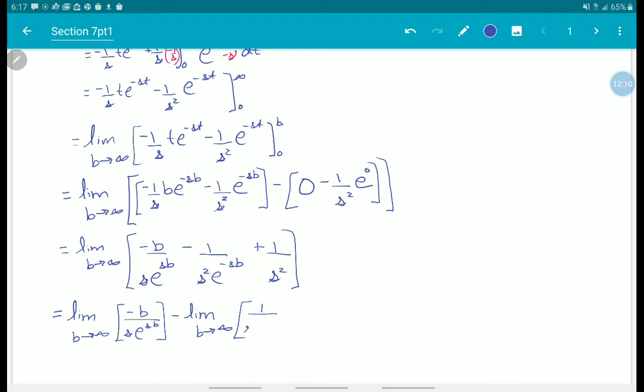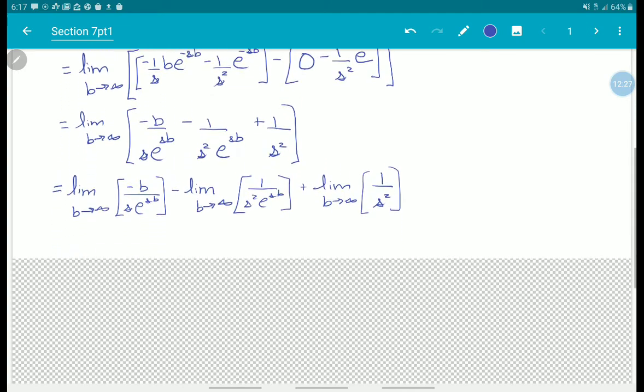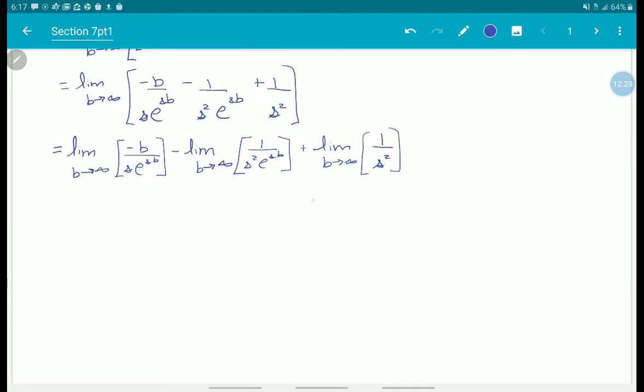This is 1 over s squared e to the positive sb. There's a typo there. Let me correct that. Plus the limit as b goes to infinity of 1 over s squared. Alright, so let's do the last two pieces first. This guy's easy. There's no b in here. We're treating this as a constant. That's just 1 over s squared.